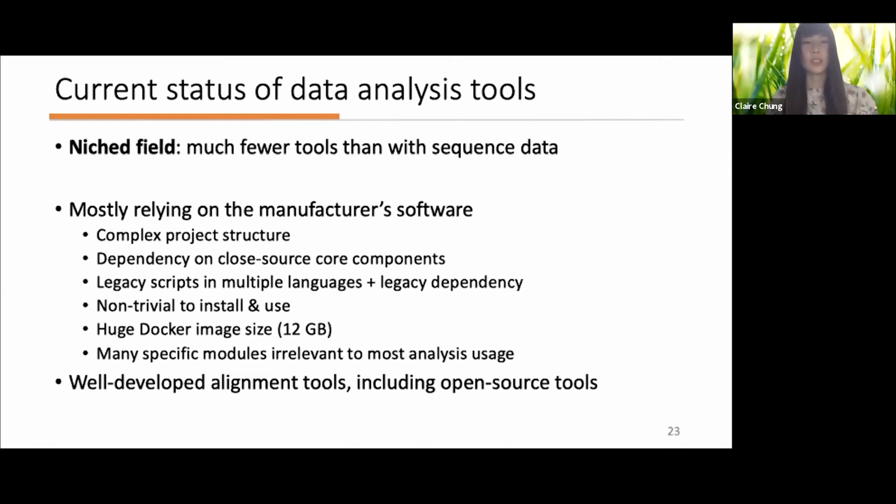It's just not so trivial to install and use. But for the key component of analysis, which is the alignment of maps to compare, there are a number of open source tools already.